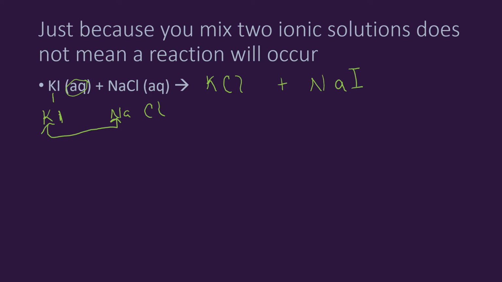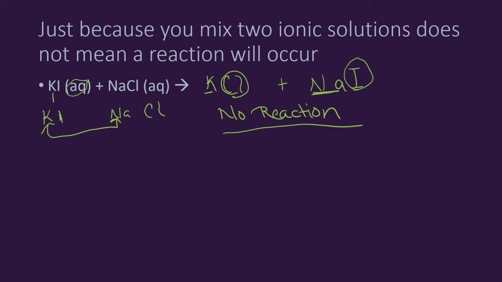If we go back to our solubility rules from last time, potassium and sodium are both soluble, with this not being an exception and this not being an exception, which means we have nothing that's insoluble. So basically these ions just stay free in the aqueous solution. So there is no reaction here. To predict a reaction, we look to see whether or not they are both soluble or insoluble.